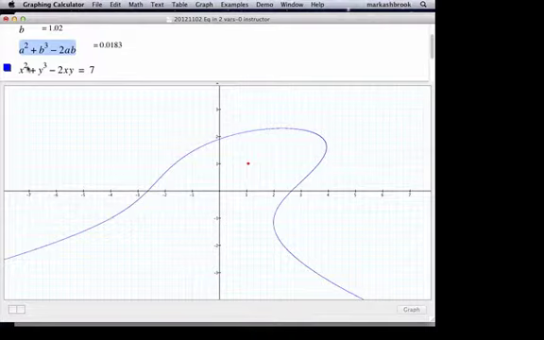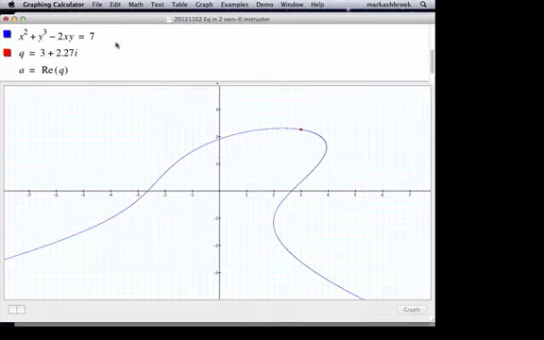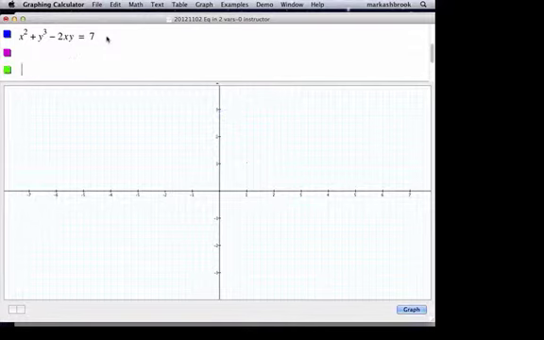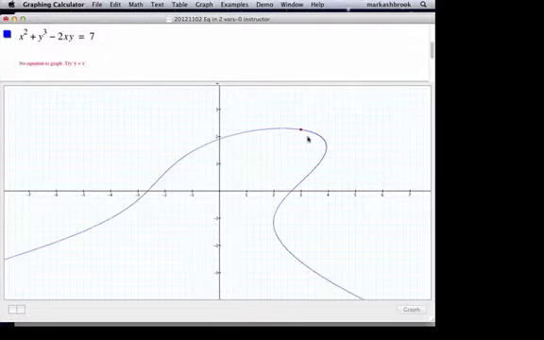Okay, I'm going to take this point right here. Tell me about the coordinates of that point.